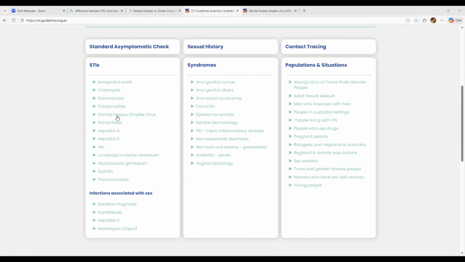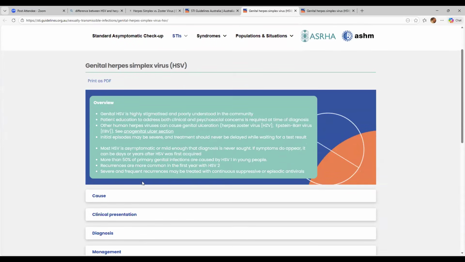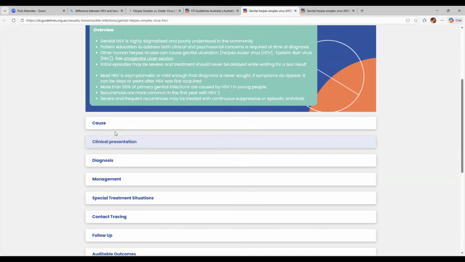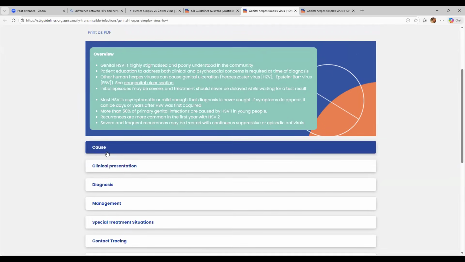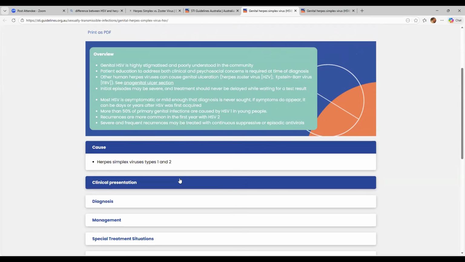So let's go through genital herpes simplex from here. As I told you, herpes simplex virus type 1 and 2 is associated with causing vesicles around the mouth and mucosal area, and type 2 is in the genital areas, whereas zoster is in the dermatome, dorsal ganglion. It remains dormant there and becomes active when a patient gets an infection or any sort of stress of the body. If the patient is coming with genital herpes simplex virus, then we know the cause is type 1 and 2.